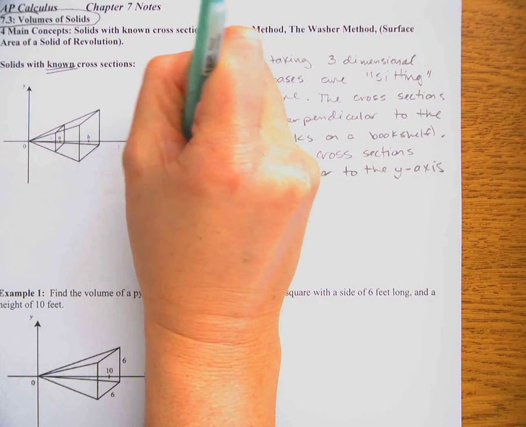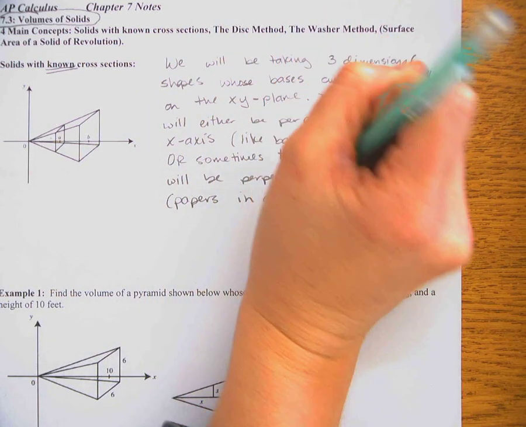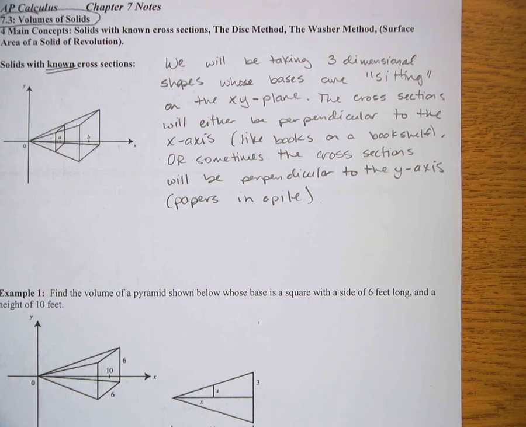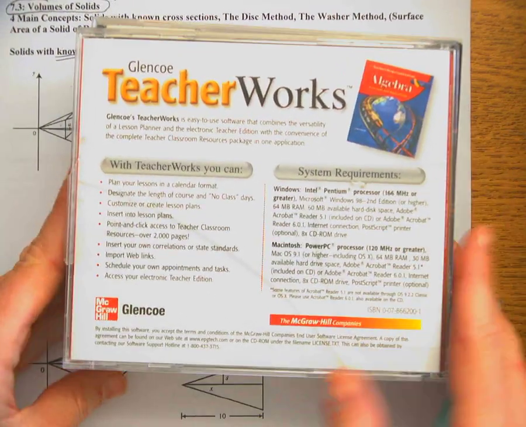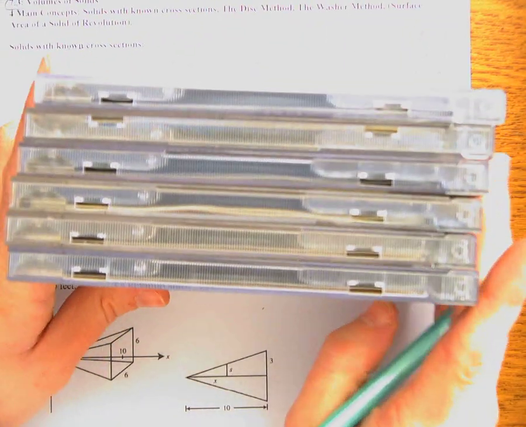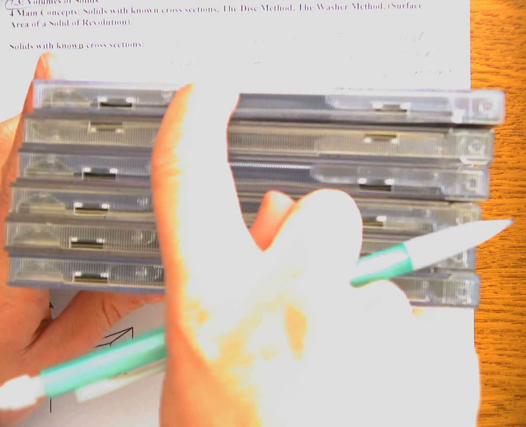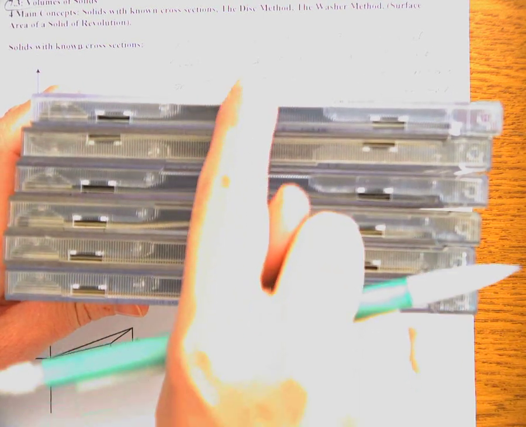And so you can think of that as like papers in a pile. So that would look more like this, just like that, papers in a pile. So a side view would be like this. So now they're sort of stacked vertically. So you would total them up from bottom to top.